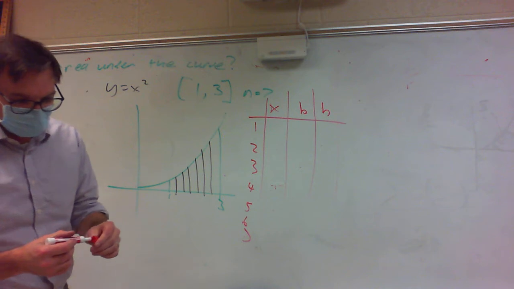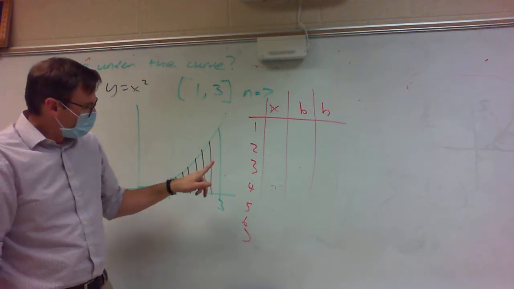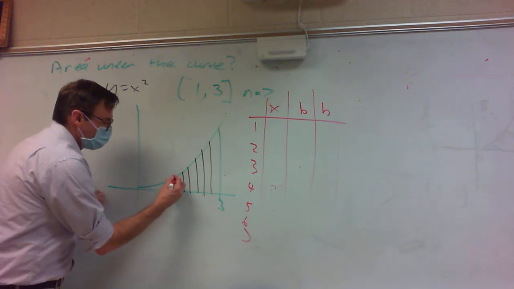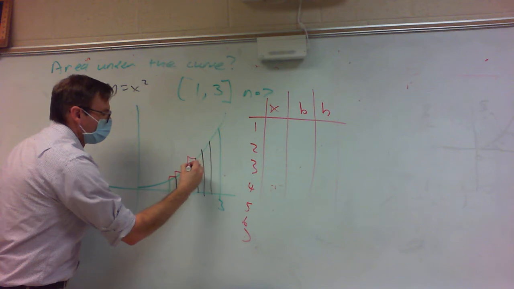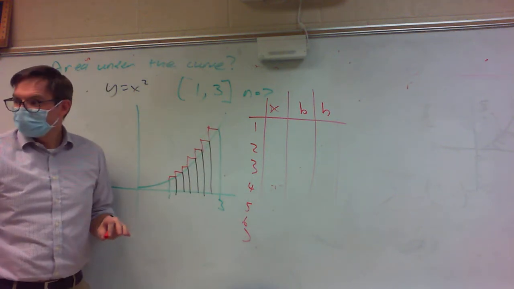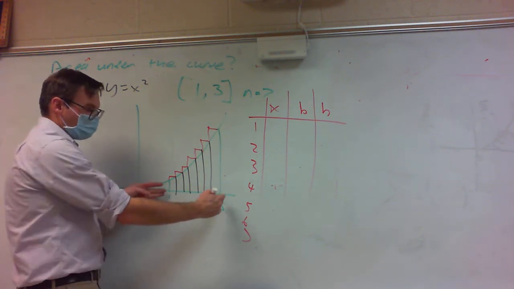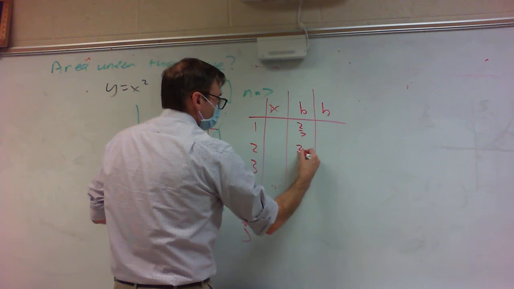I need to write that down. I'm putting it down because I stuck it in your homework. What's the base of each rectangle? 2/7. Everybody okay with 2/7? Whatever this total is, divided by 7. And so the base of each rectangle is 2/7.